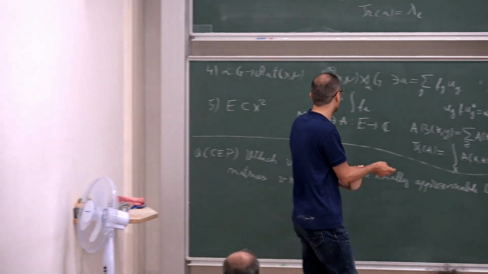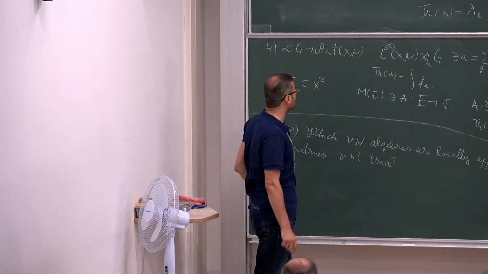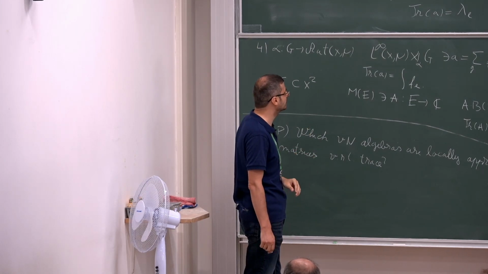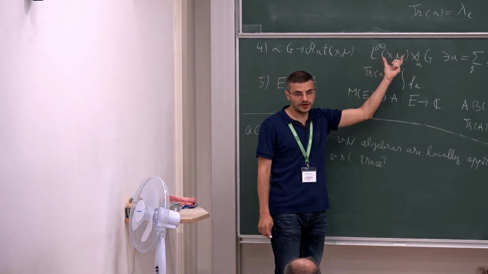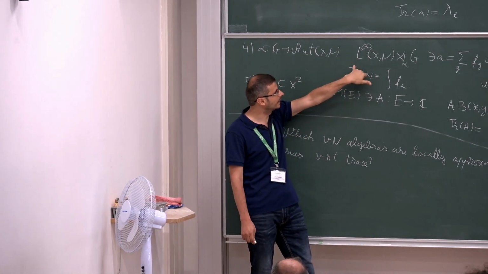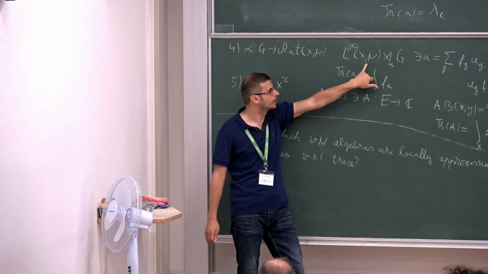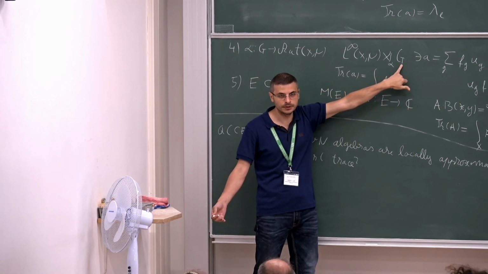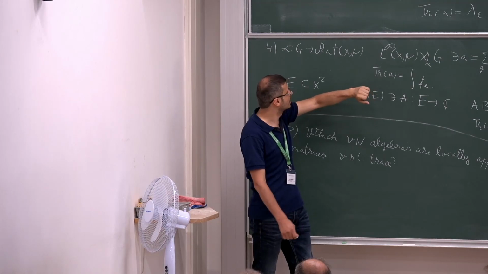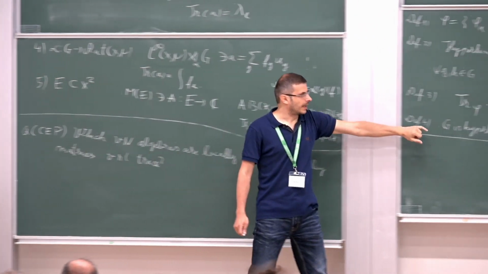Okay. So what about crossed products? When can they be approximable using matrices? As I said, there are three things that you have to ensure. You first want to approximate L infinity of x using matrices, which you can always do. You want to approximate your group using matrices. So in order for a crossed product to be approximable, you need the group to be hyperlinear.